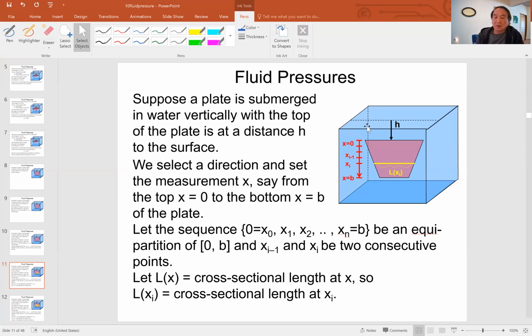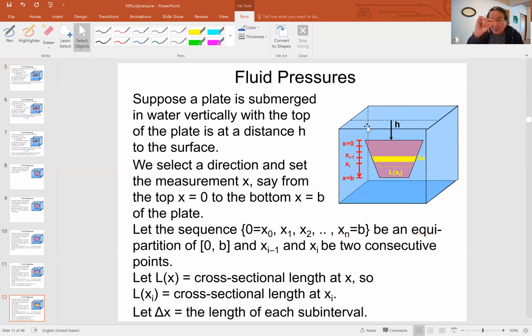Suppose here's a setup and I know the cross-sectional length, Lx. So Lx times dx is one of the skinny strips. And I want to calculate the pressure on these strips. Think of very thin streamers. You put it down in water, you want to measure the pressure on that very thin strip of area.